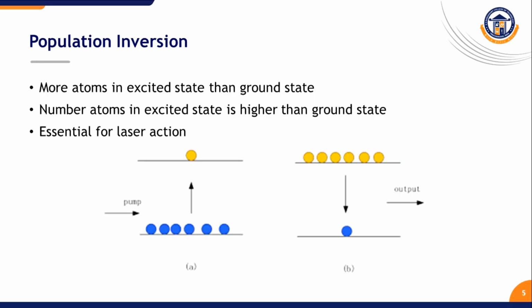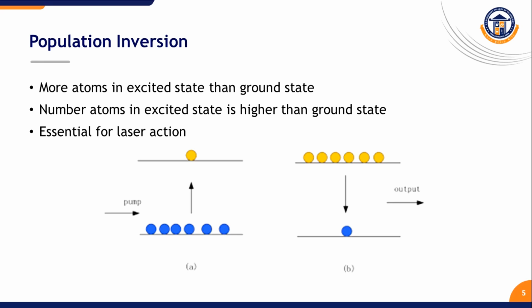For getting a powerful laser output, population inversion is very important. Without population inversion, laser action can't happen. For a laser to work, we need a special condition. The number of atoms in the excited state should be greater than the number of atoms in the ground state. Normally in any material, more atoms are in the ground state compared to the excited state.